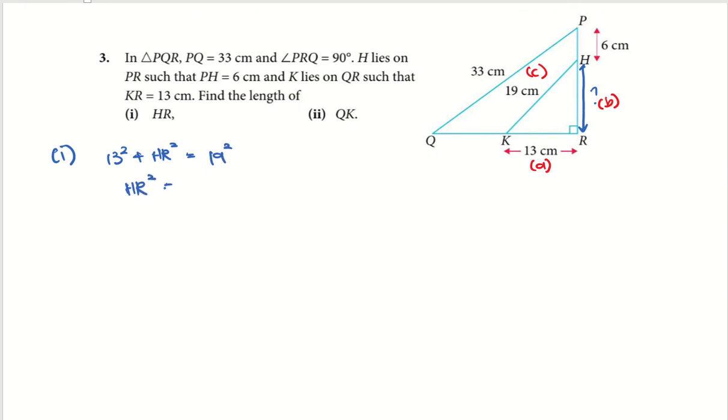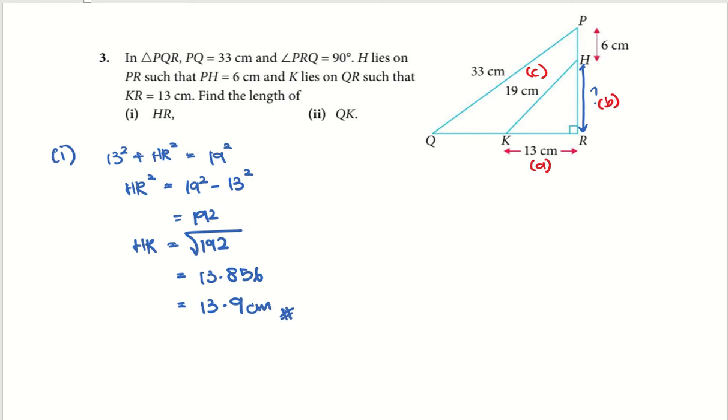So of course, shifting your 13 square to the right, you get a minus 13 square to give you 192. Last but not least, take your square root of 192 to be 13.856, round to 3SF, round properly, which is 13.9 cm. This is the length for HR. That is a simple part 1.